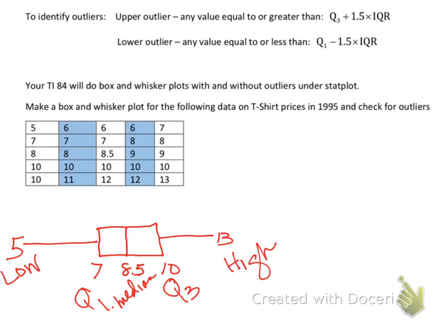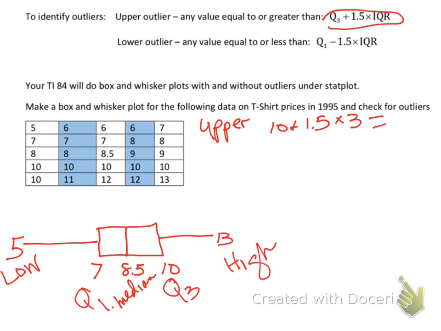Now, I said to check for outliers. To do that, you're going to use this formula above. If I want to figure out if I have any data that's too high, I take my Q3. So this is for the upper. I'm going to take my Q3, which is 10, plus 1.5 times my IQR, which is 10 minus 7, so that's times 3.